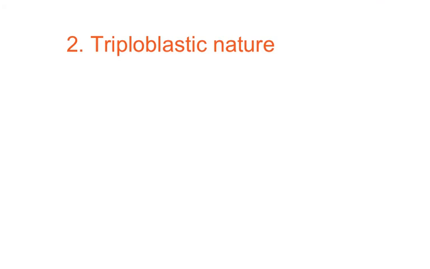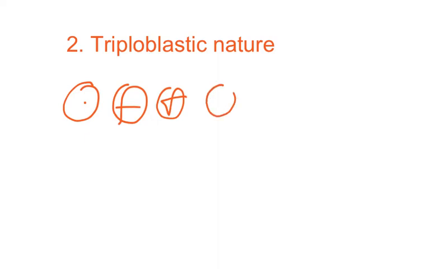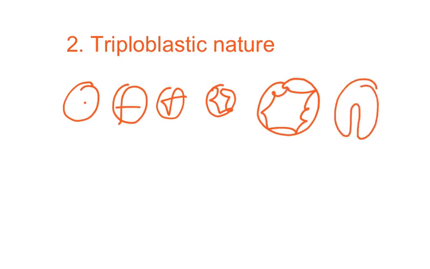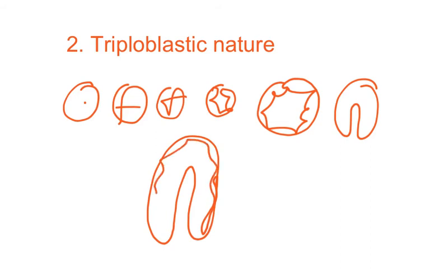Triploblastic nature. During the development process, the zygote becomes 2 cells, 4 cells, likewise the morula, followed by the blastula. Invagination in the blastula results in the formation of gastrula. In the gastrula stage, we will find 3 germ layers: the primary germ layer outside is called ectoderm, and the inner is endoderm.